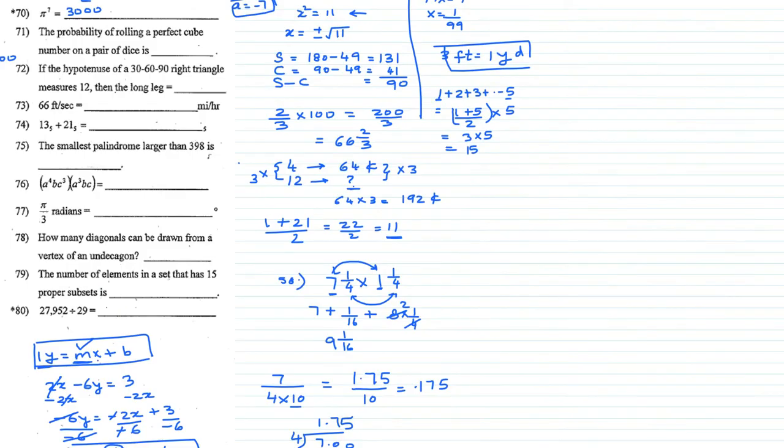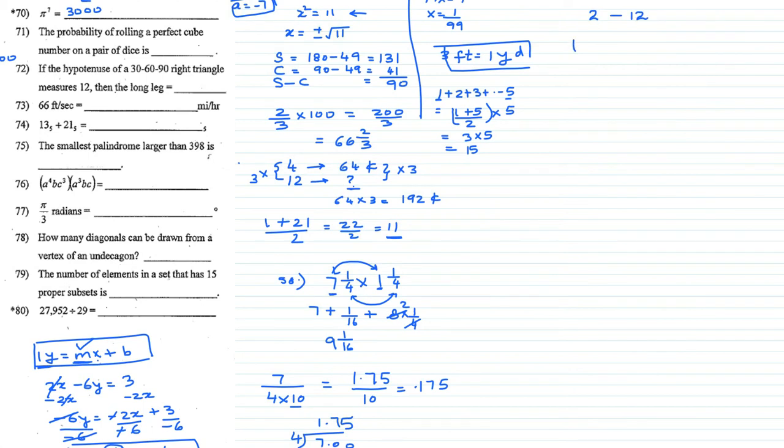Question 71. The probability of rolling a perfect cube number on a pair of dice is. So when we roll a pair of dice, the range of numbers that we can get are 2 to 12, right?